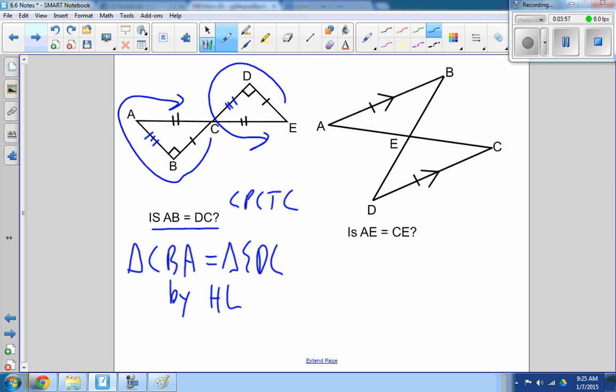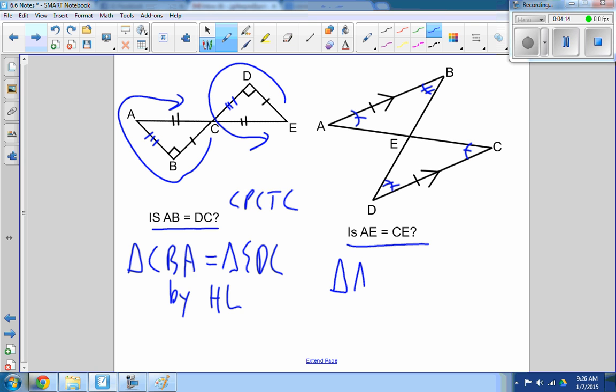Is AE equal to CE on this next problem? Well, let's see what we've got. We don't have those marked, but we do have parallel lines. Thus, alternate interior angles are congruent. I can now prove these triangles are congruent.